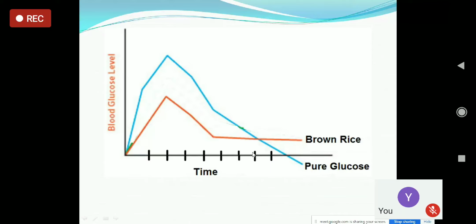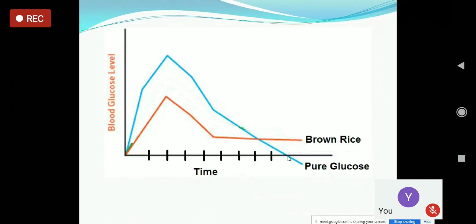In this example, the blood glucose peaks between 30 minutes and 1 hour. Here is the peak of the blood glucose level. After 2 hours, it comes back to the baseline.